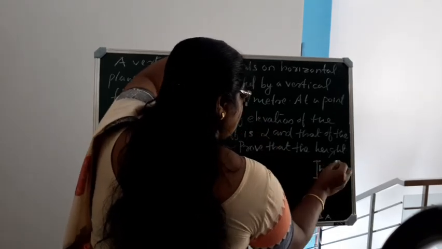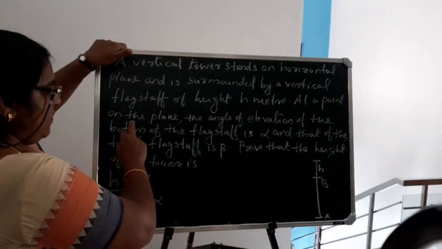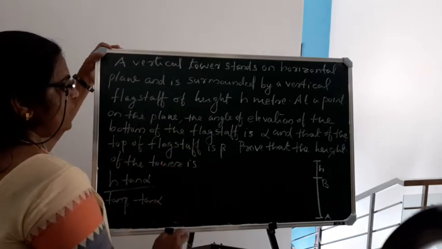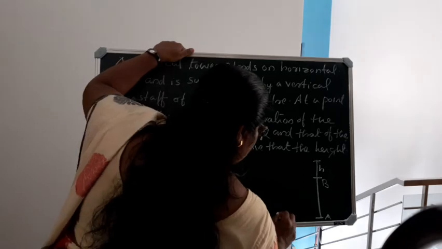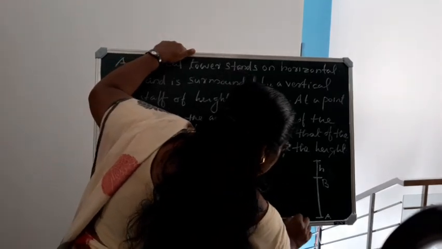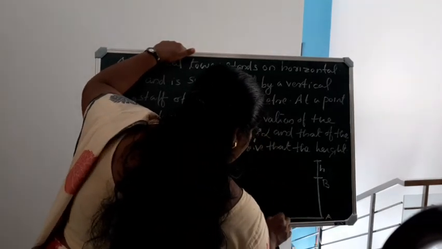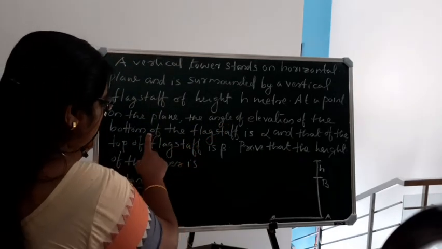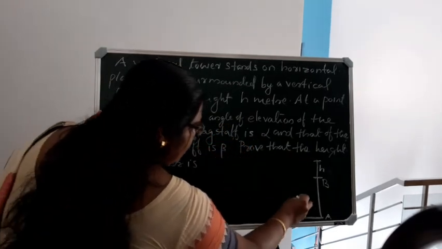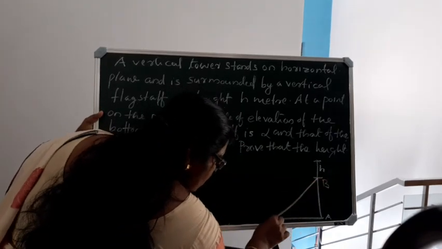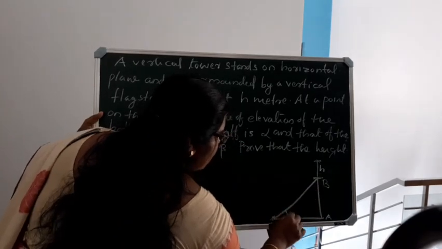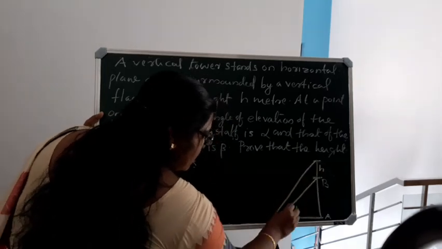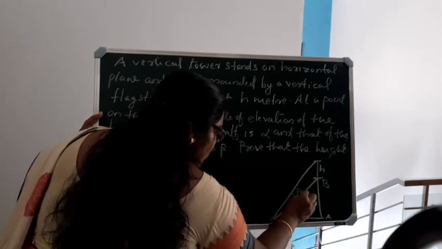At a point on the plane, the angle of elevation of the bottom of the flagstaff is alpha, and the top of this one is beta.